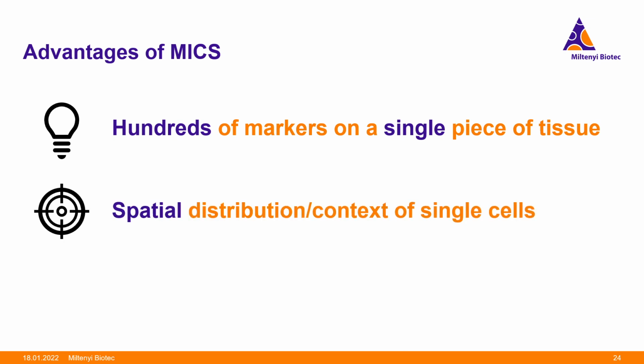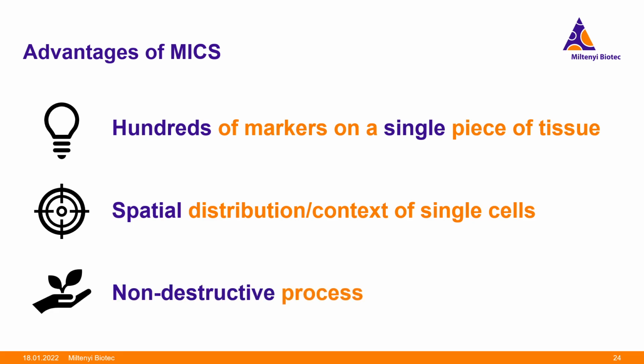Second, this technique retains the spatial information of the cells that is lost when you're doing high parameter flow cytometry techniques. Third, this is a non-destructive process. Unlike other methods where you may need to ablate or disturb the tissue, this process keeps the tissue intact and could potentially be used for downstream applications.